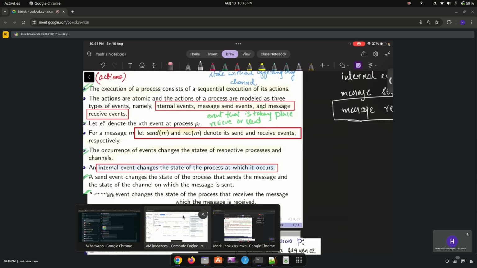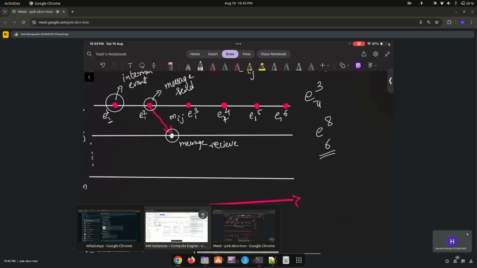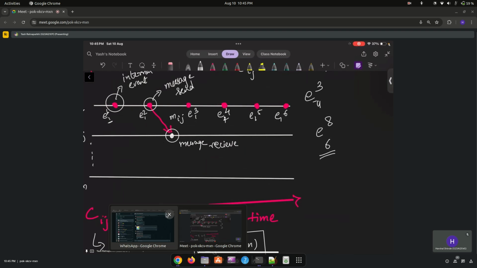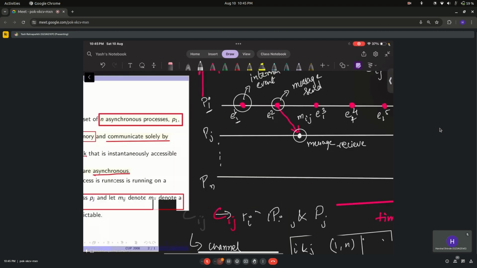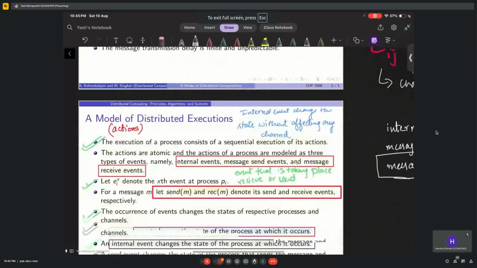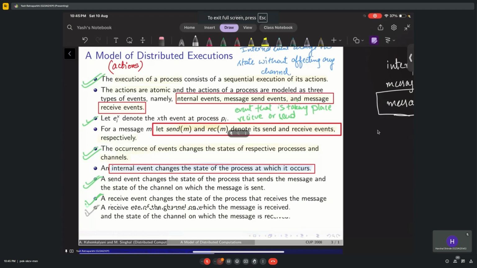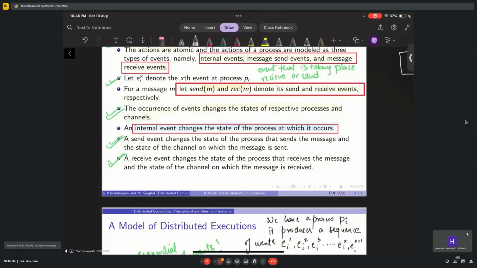Basically, whenever there is a transfer of information or some internal action happening, there will be some change of state, and this change of state will be marked in the distributed system for further actions. So the occurrence of an event changes the states of the respective process and channel. An internal event changes the state of the process at which it occurs.